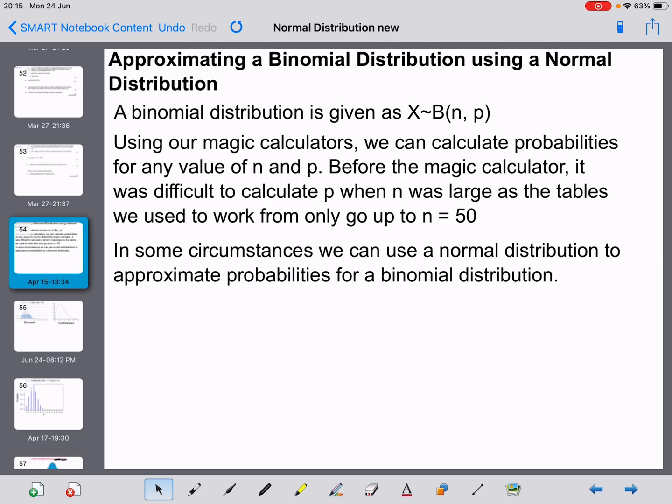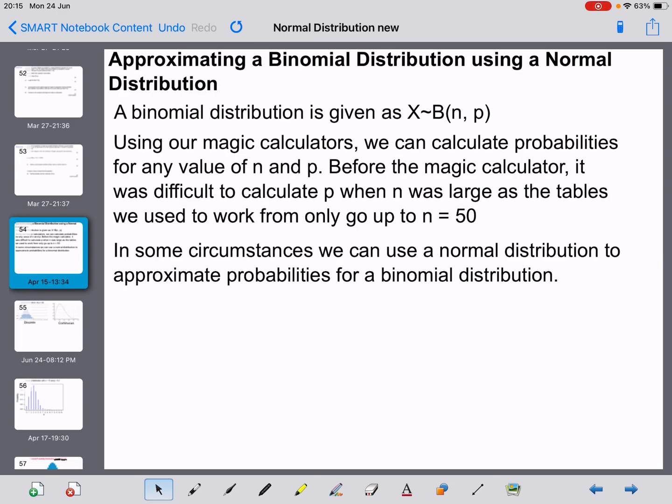Okay, so this goes back to the time before the magic calculator, when we used to have to use the tables to calculate binomial probabilities. The table of values, the ones that you've got in the back of the booklet, go up to where n equals 50.